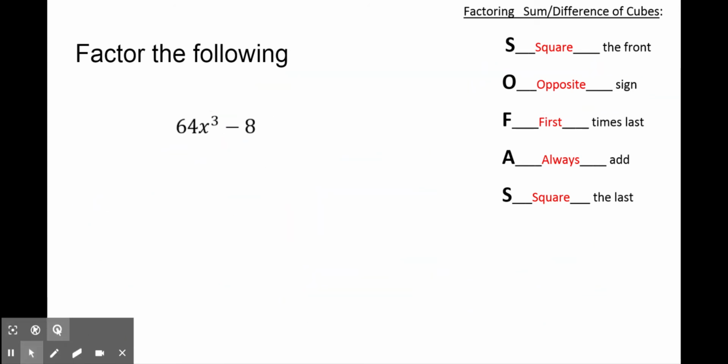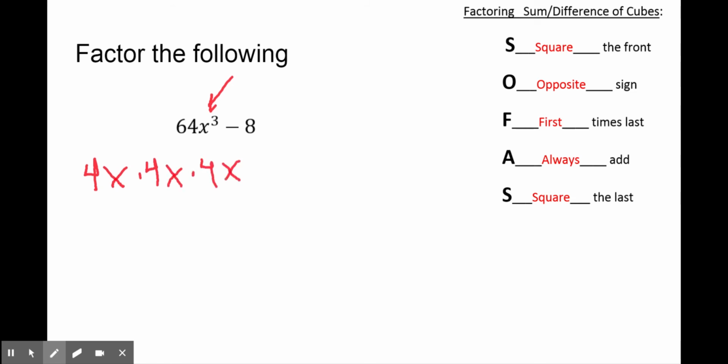All right, next one, now we're going to throw a number in front of that x to the third. Can't make it too easy on you, so we're going to throw a 64 in front of there. Let's first think, we know that x times x times x gives us x to the third, but what 3 numbers multiplied together would give us 64? Thinking 4 times 4 times 4.